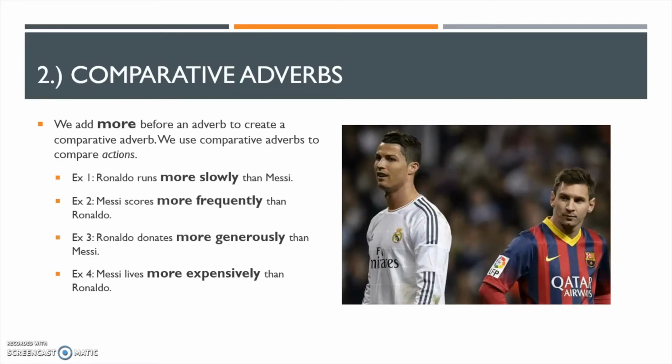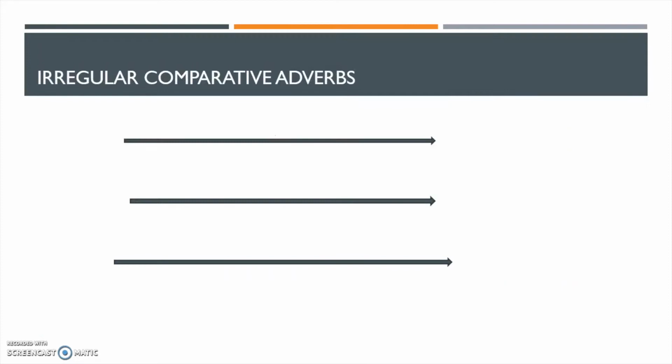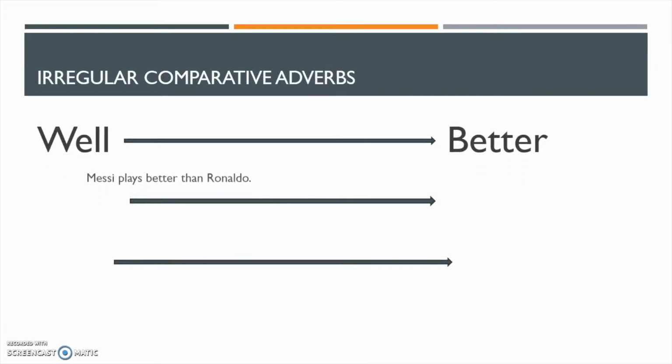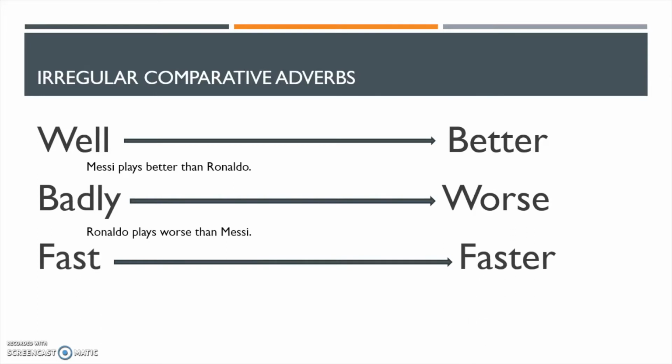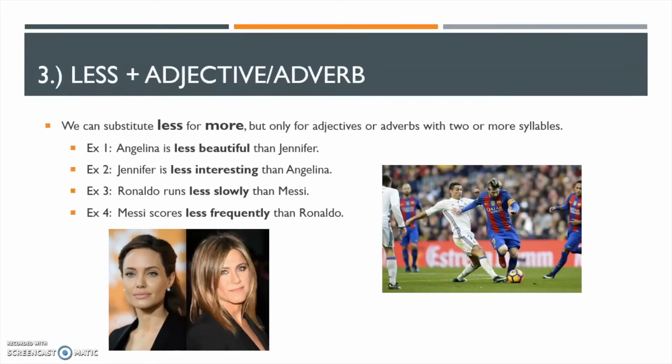Ronaldo donates more generously than Messi, and Messi lives more expensively than Ronaldo. There are a few irregulars here too. Well becomes better, i.e. Messi plays better than Ronaldo. Badly becomes worse. Ronaldo plays worse than Messi, and fast becomes faster. Messi runs faster than Ronaldo.